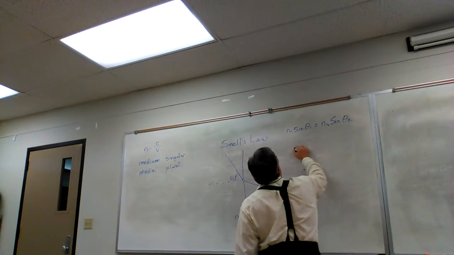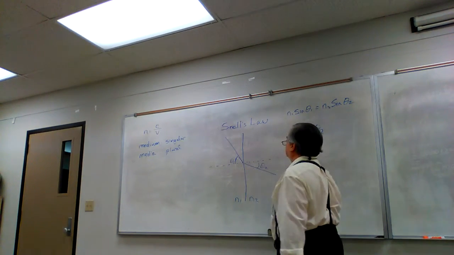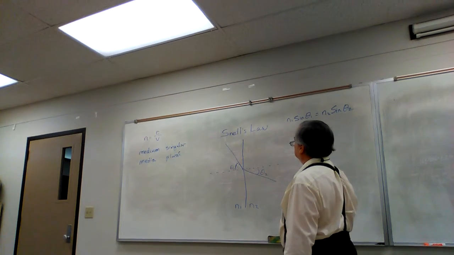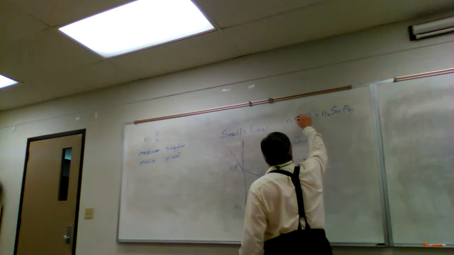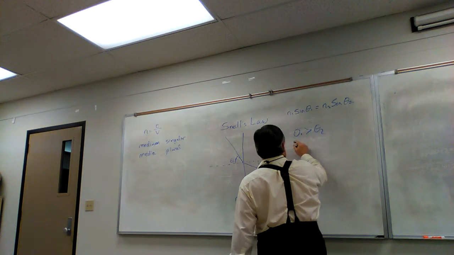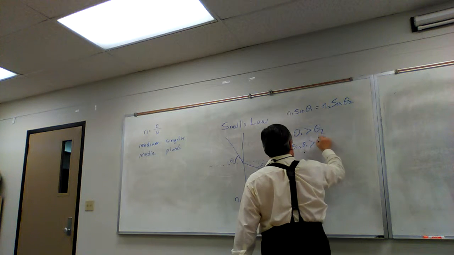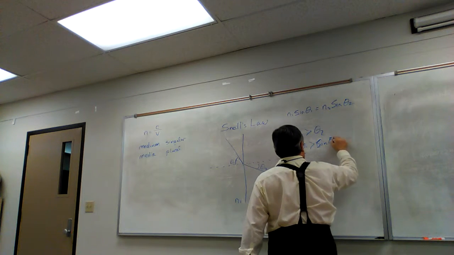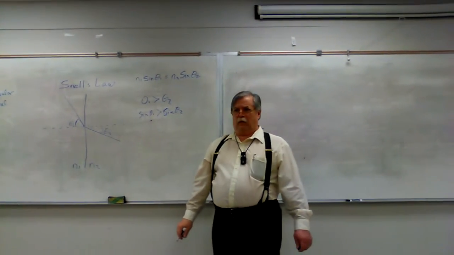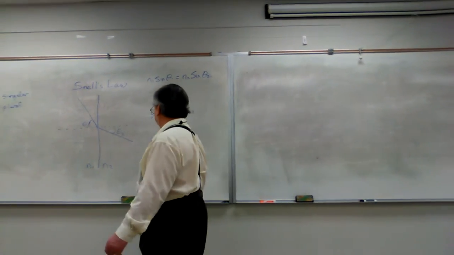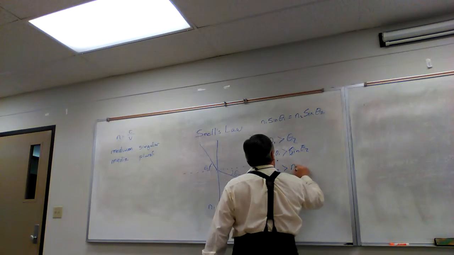Theta 1 is greater than theta 2, which means that sine of theta 1 is greater than sine of theta 2. So what does that mean about N1 and N2? N2 has to be greater than N1.